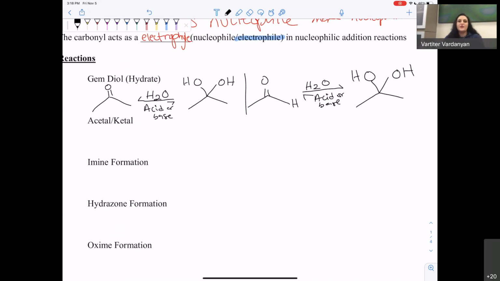When we think about reactivity, ketones are less reactive than gem-diols, but gem-diols are less reactive than aldehydes. So think of it in that order, and hopefully this equilibrium will make sense.